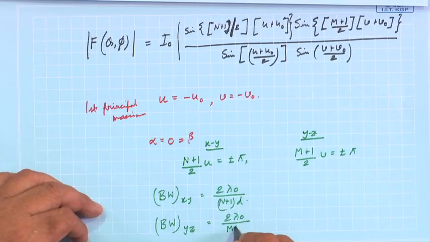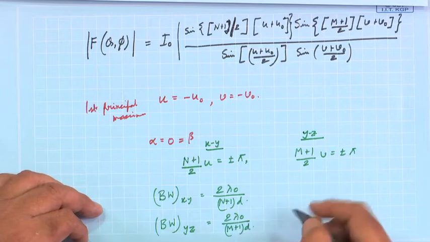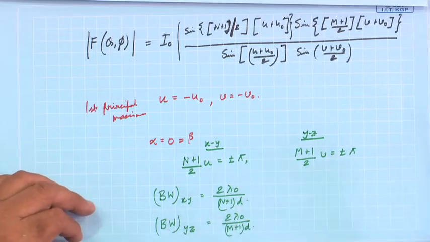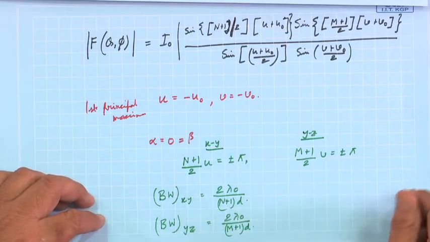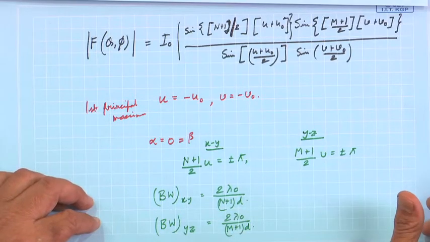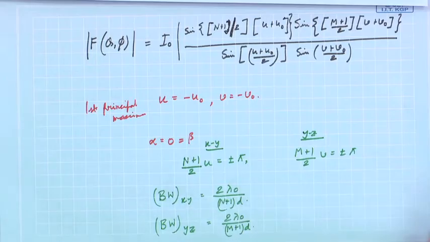So, in both the cases you can see that, as in the case of a broadside array, this is the null to null beam width, and it is inversely proportional to the array length in that axis.